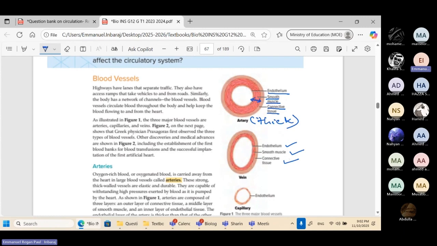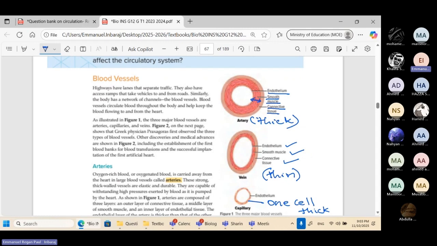The veins are not thick, they are thin. And what about capillary? Capillary do not have smooth muscle or connective tissue. So we call them very thin, just one cell thick.